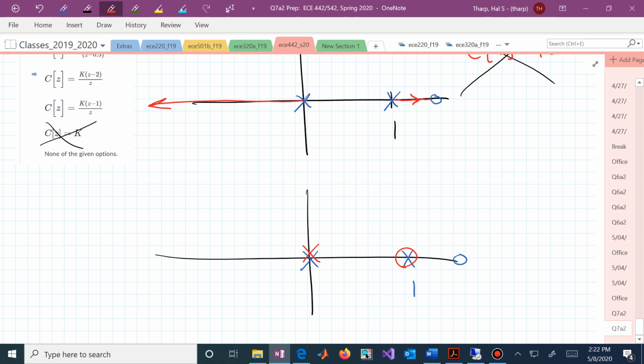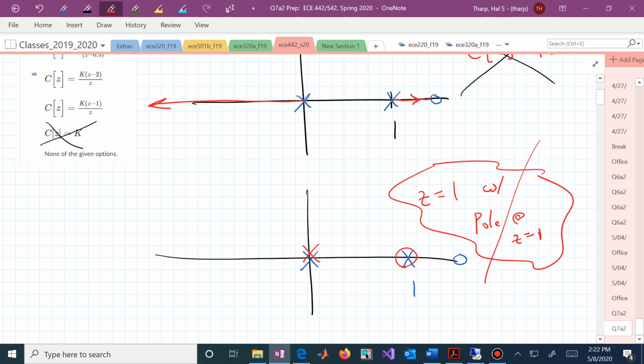So in this case, since we are now having a zero at 1 with a pole at Z equal to 1, we disqualify that controller on that basis.